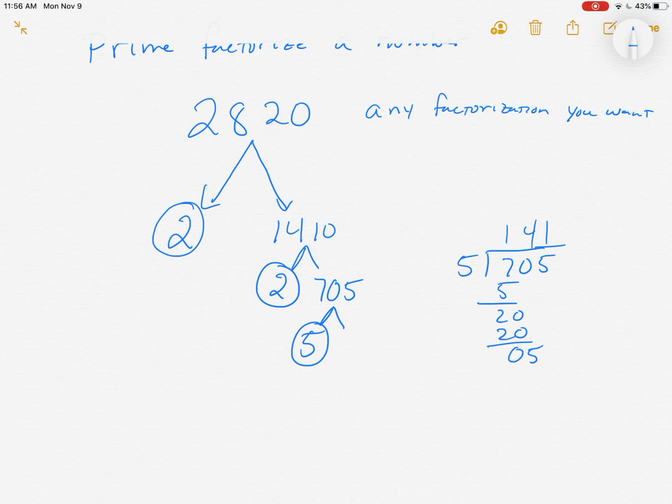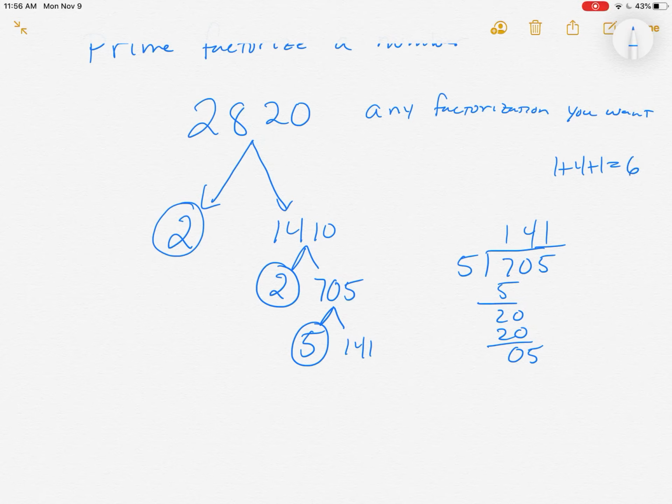141. Now, how about 141? Does 141 break down? Well, it's definitely not divisible by 2, and it's not divisible by 5. Another quick one to check is 3. How about 1 plus 4 plus 1? What is that total? Well, a total 6. And so 6 is divisible by 3, so 141 is.